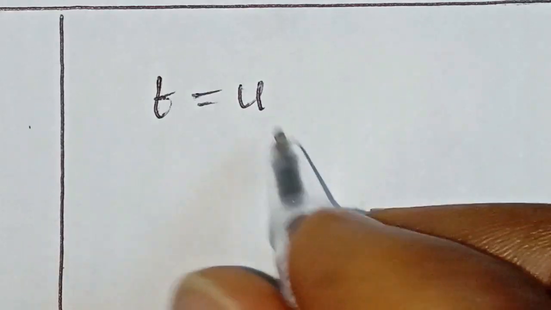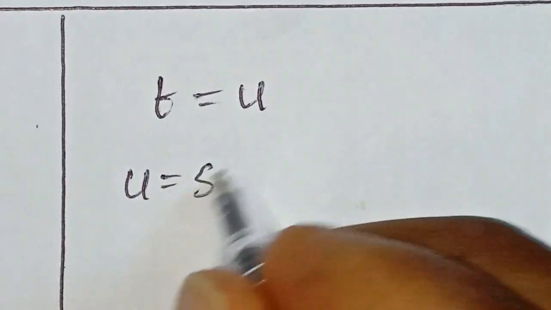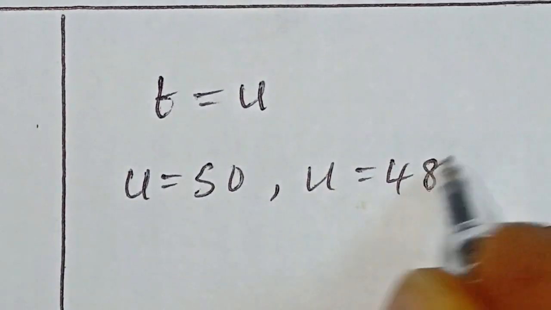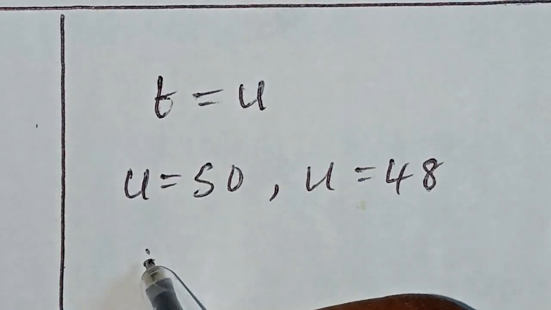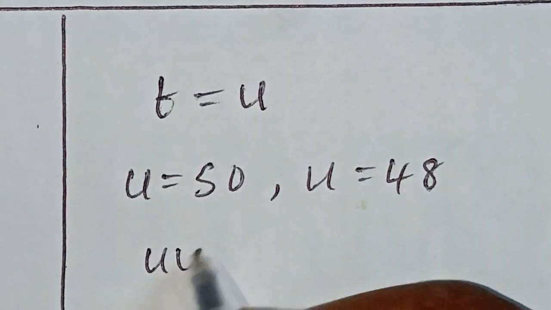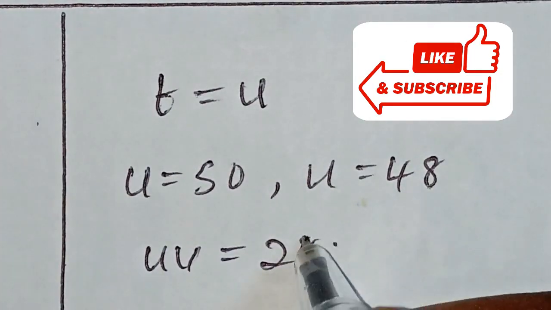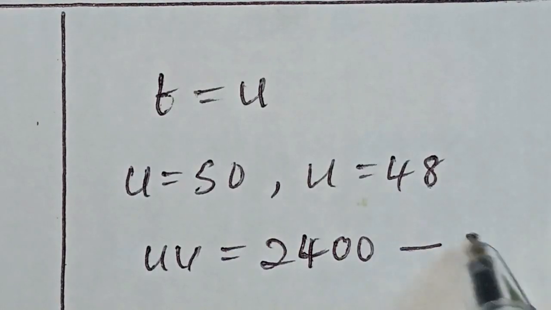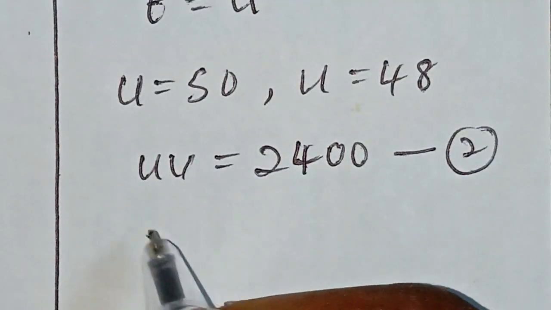So at t equal to u, it means u is equal to 50 or u is equal to 48. So from equation 2, which is uv equal to 2,400, we derive the value for v.